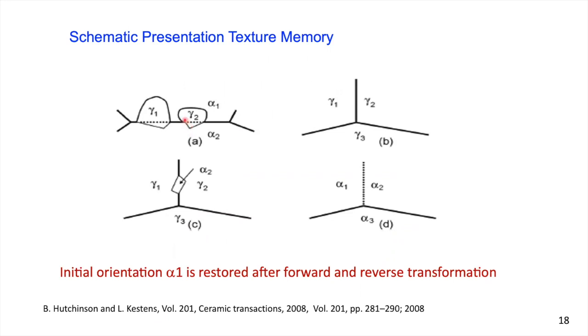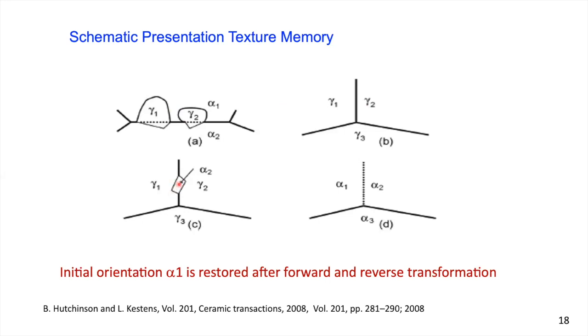Because in the forward ferrite to austenite transformation, if two austenite variants nucleate in the same ferrite grain, these two austenite variants have exactly such a specific orientation relation that allows for a double KS correspondence.